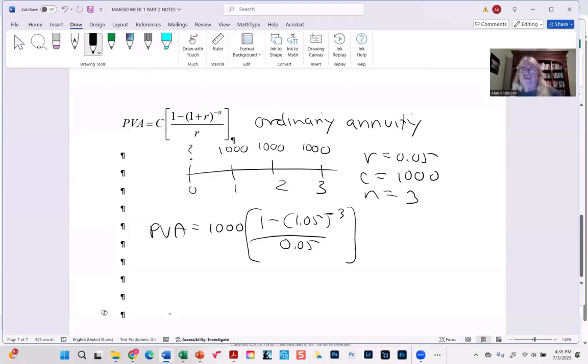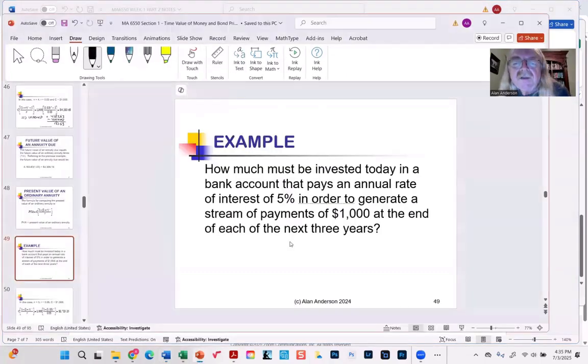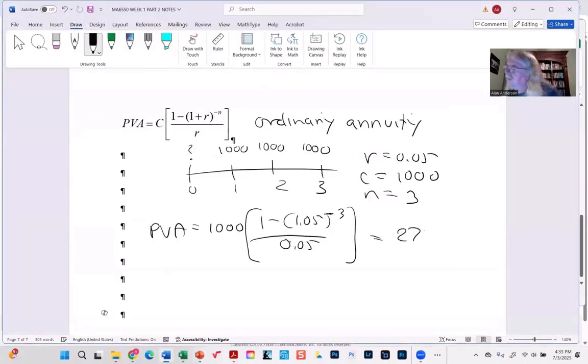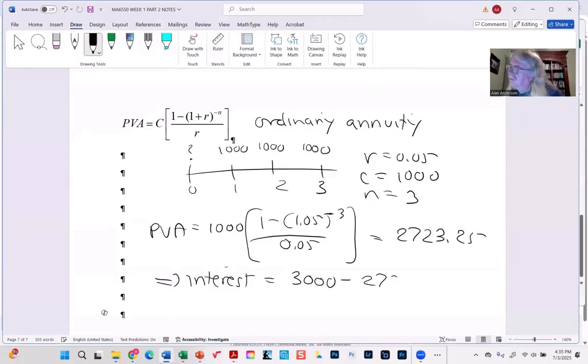So when you plug those in, you'll see that it's 2,723.25. And that implies that the interest we earned over this period must be the difference between those two, because we were drawing $3,000 on an investment of 2,723.25. So the difference between the two must be our interest, or 276.75.